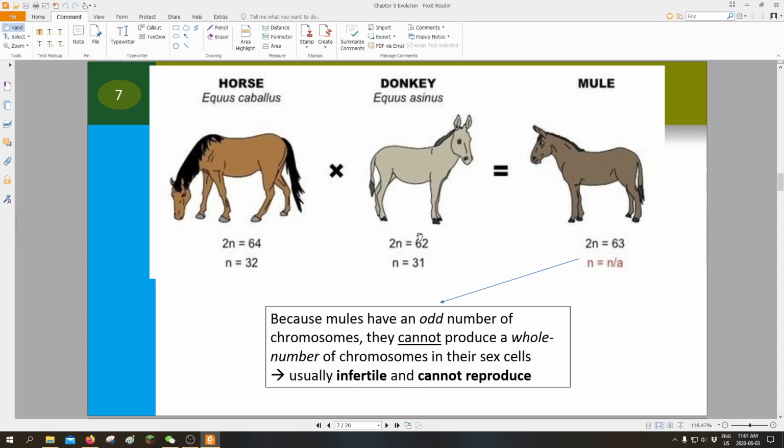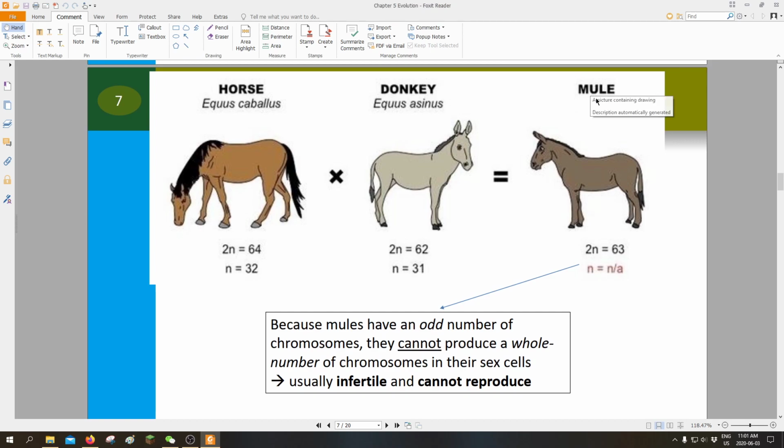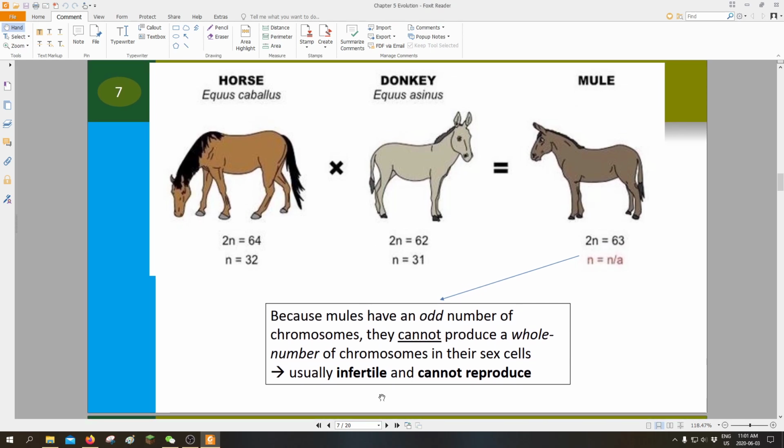So half of 62 would be 31, half of 64 would be 32. What is half of 63? It's 31.5, but because that's not a whole number of chromosomes, those sex cells are not able to properly combine or be produced. The mules, therefore, are infertile. They cannot reproduce, and they're just going to be the last line of their lineage.